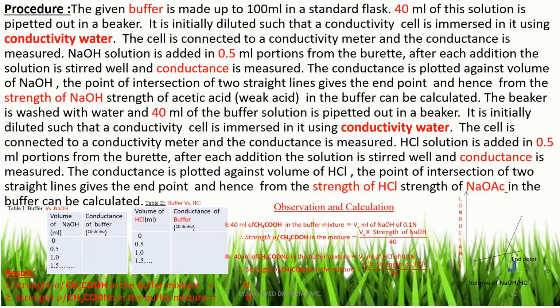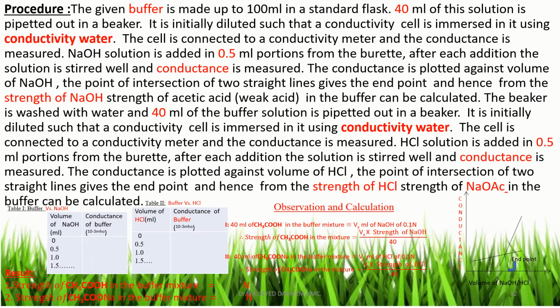The conductance values are measured up to a volume of 16 ml, and the conductance is plotted against the volume of sodium hydroxide. The point of intersection of the two straight lines gives the end point, and hence, from the strength of sodium hydroxide and the volume required to neutralize the 40 ml of buffer solution, the strength of acetic acid, the weak acid in the buffer, can be calculated.